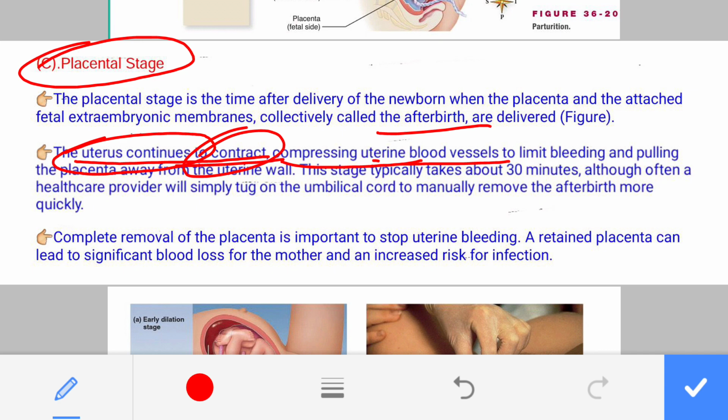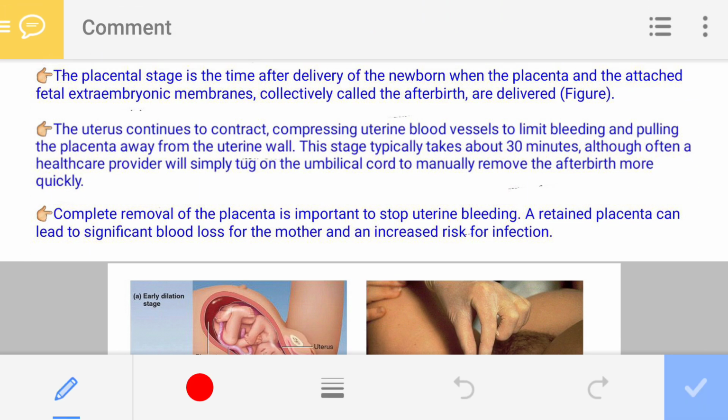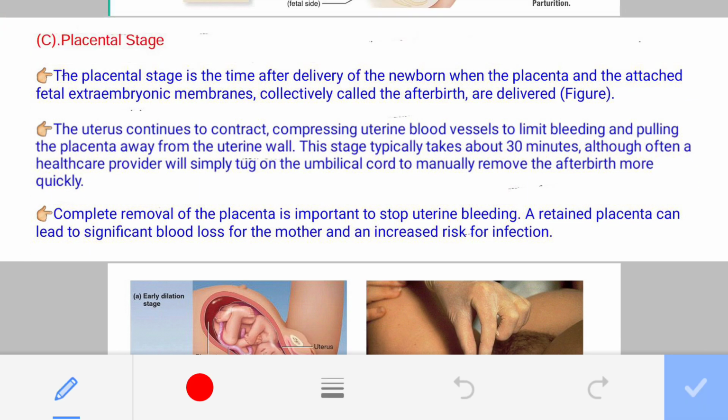Once the blood vessels are compressed, it limits the bleeding from the uterus wall. So this contraction of the uterus is helpful to limit the loss of blood. That's why they are contracting. And this placental stage typically takes about 30 minutes.